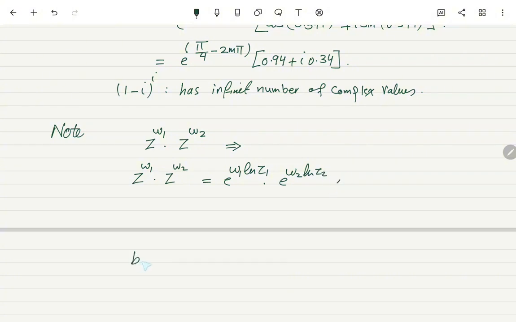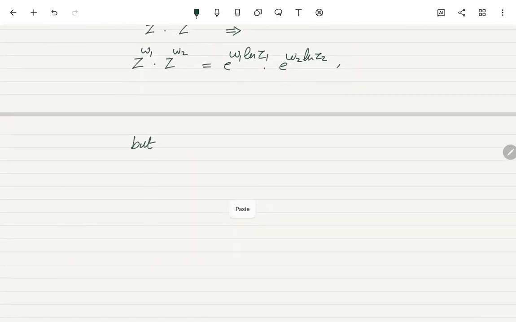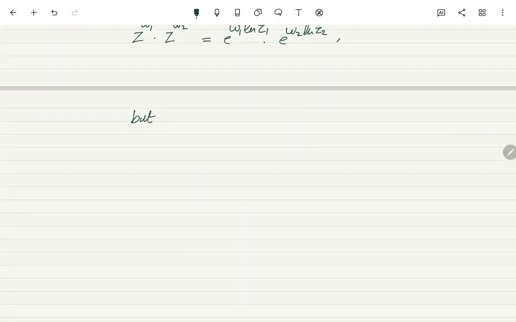But ln z equal to ln r plus i theta plus 2m pi.